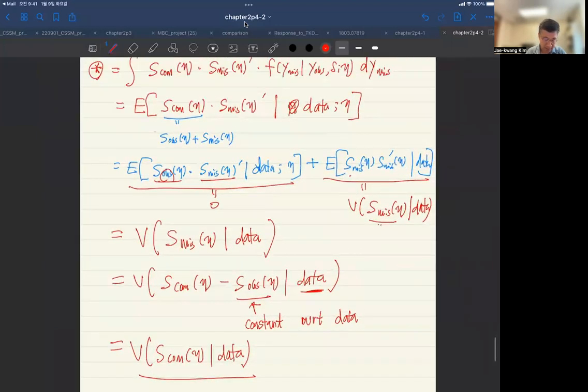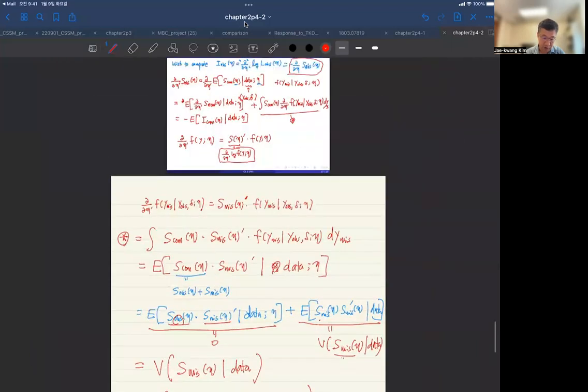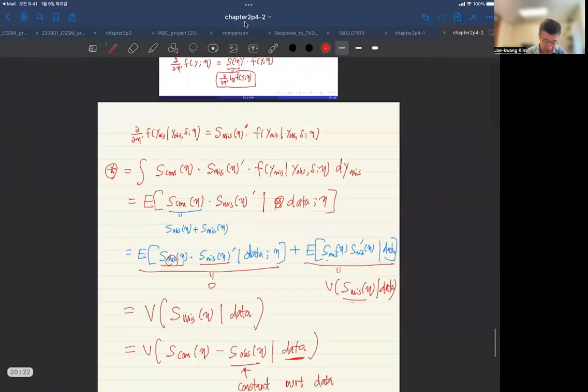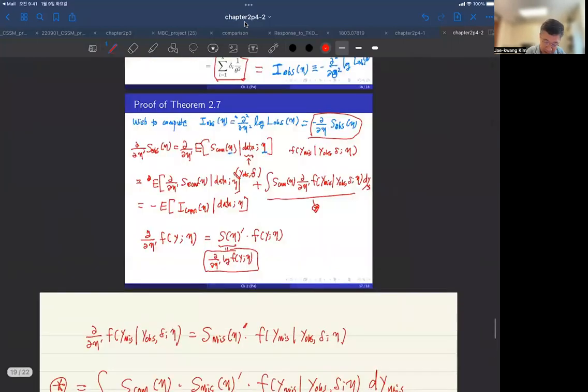So eventually we end up computing this as the conditional variance of S com given data.